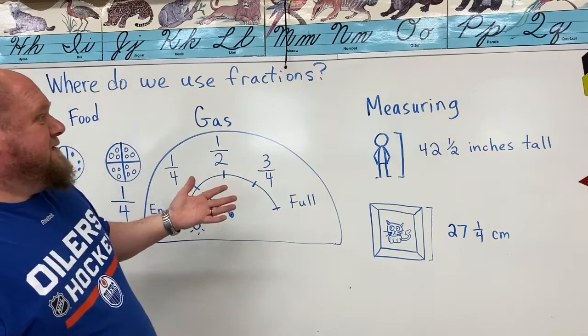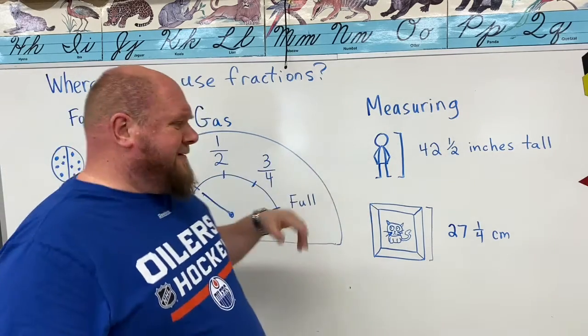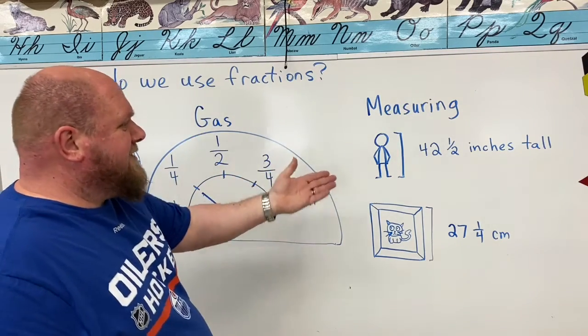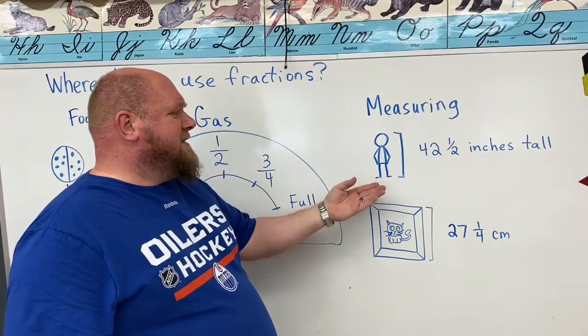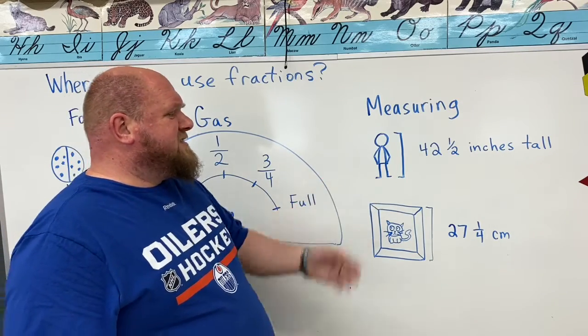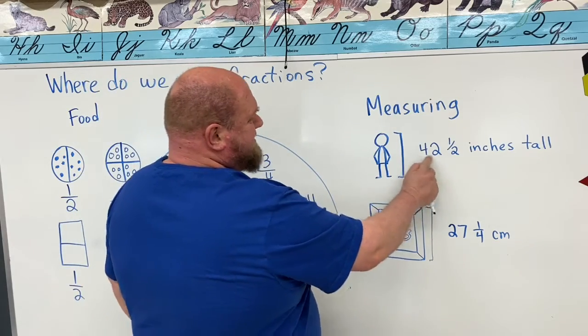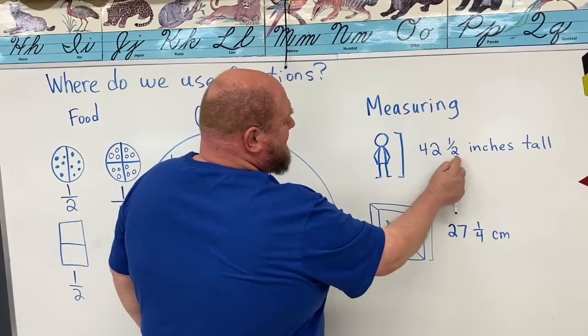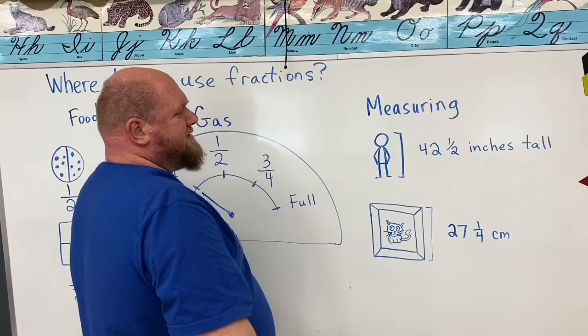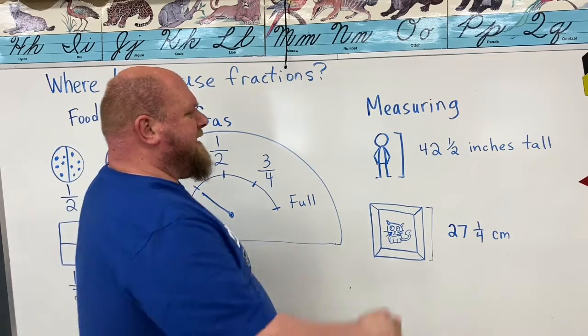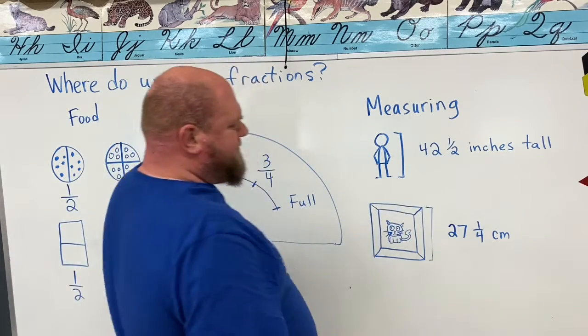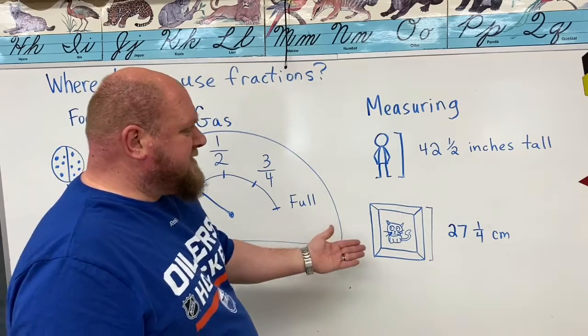Another place that we use fractions is if we're measuring. This kid, for example, is 42.5 inches tall. So that means 42 full inches plus another half an inch. So we say that 42.5. Or let's say we have a picture frame.